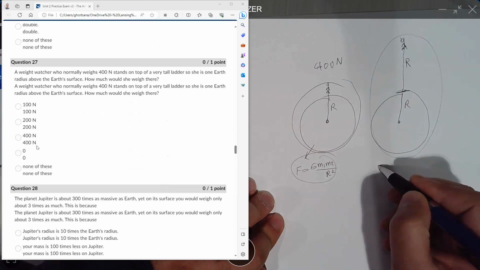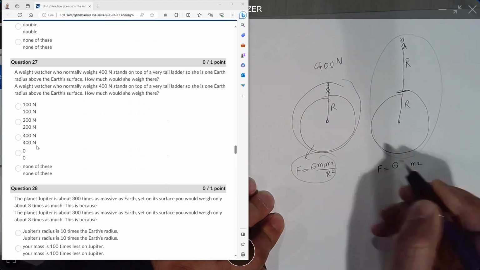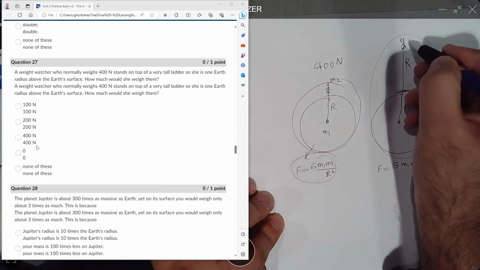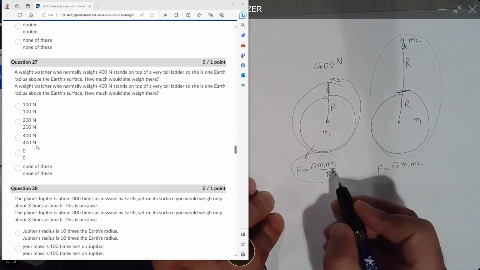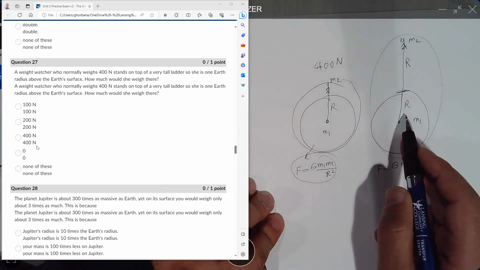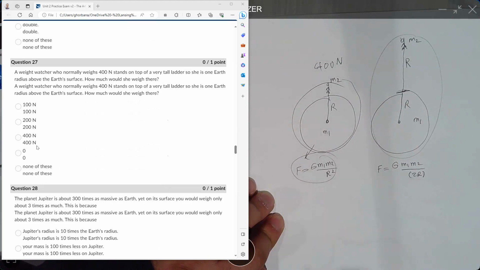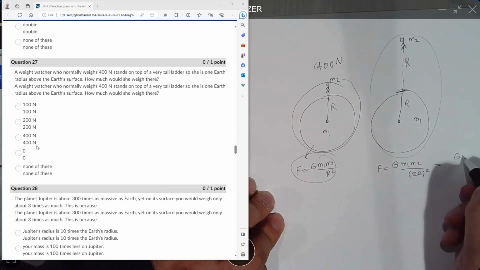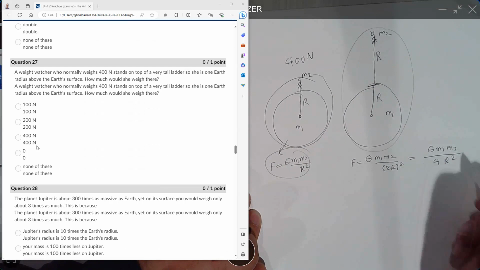But let's say m1 is the mass of the Earth and m2 is the mass of the person. m1 and m2 are going to be the same. But what changed here? The r changed to 2r. Squared, what happened here is going to be G m1 m2 divided by 4 r squared.